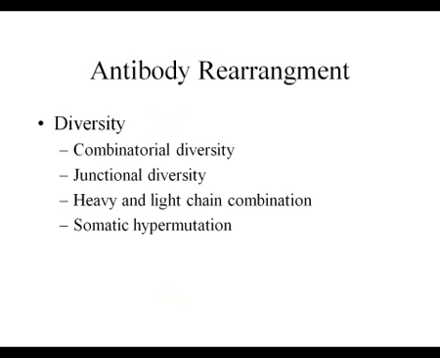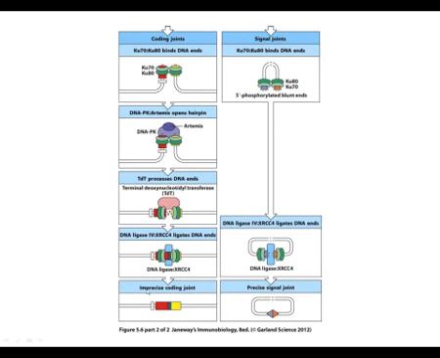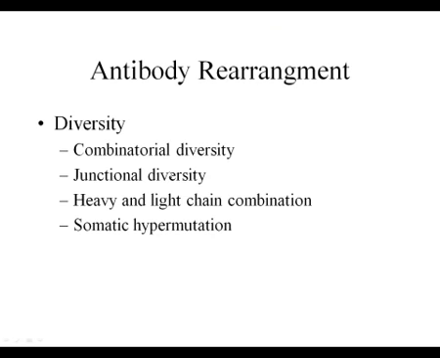So, like I mentioned before, when antibodies rearrange, a lot of diversity is made. So the combinatorial diversity comes from the random different V, D, and J segments that are put together. Junctional diversity occurs from this process we just looked at, all these extra nucleotides that are added when the DNA is repaired.